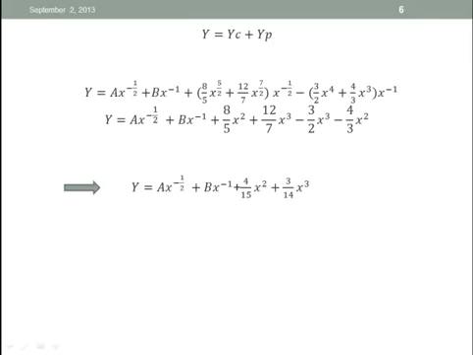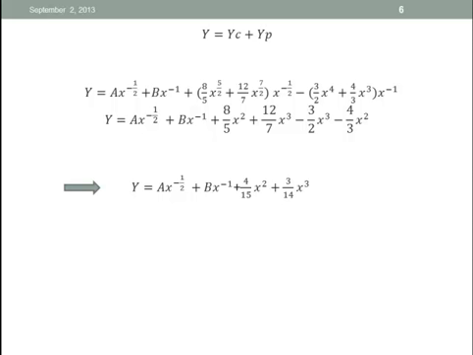So the general solution would be yc plus yp. Therefore, the equation would be a x raised to the negative 1 half plus b x to the negative 1. So don't be confused about the constant.